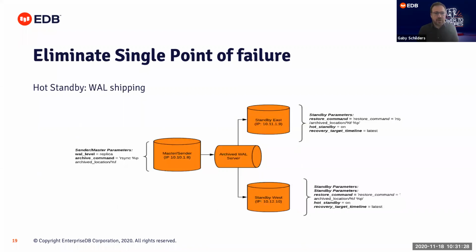Going on the topic of eliminating a single point of failure, what you see in this picture here is that the sender of this system is using WAL shipping instead of replication. So the WAL files are transferred through an archive command and then from there picked up by the replicas that can then incorporate the changes.